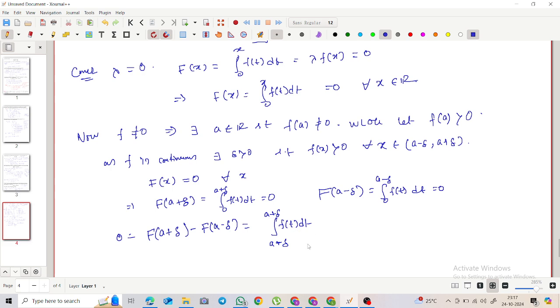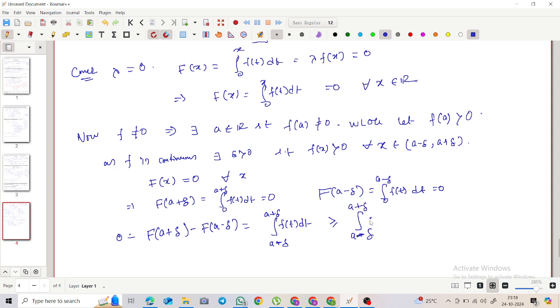Can it happen? It is not possible. It is a contradiction, since f is not equal to 0. We will have to write it a bit properly.